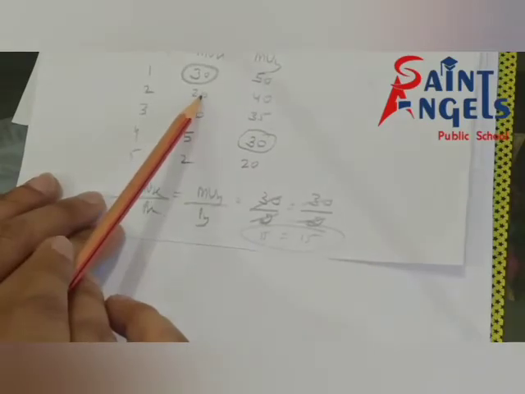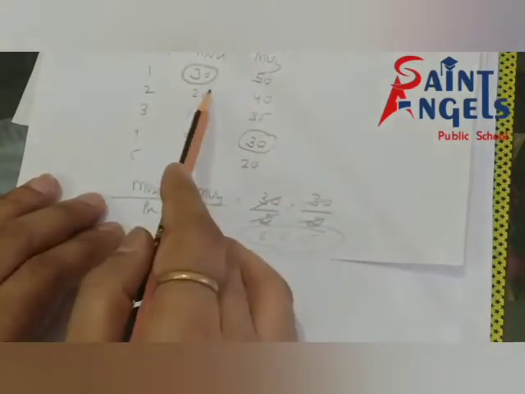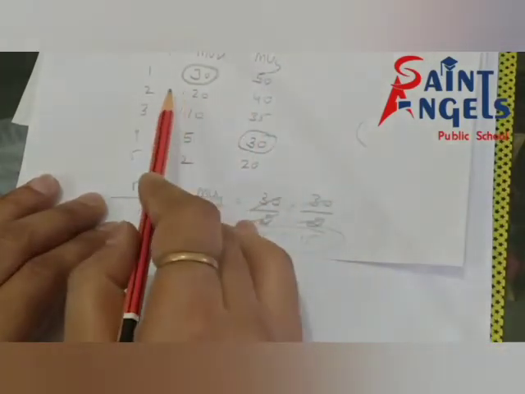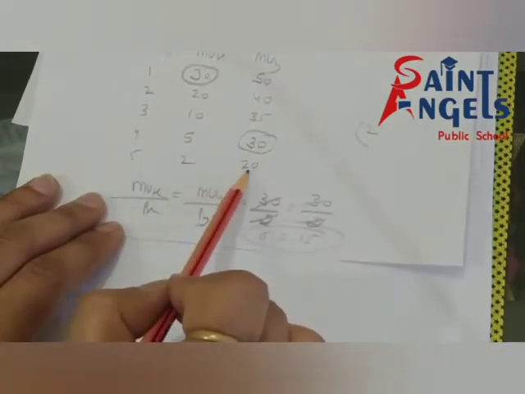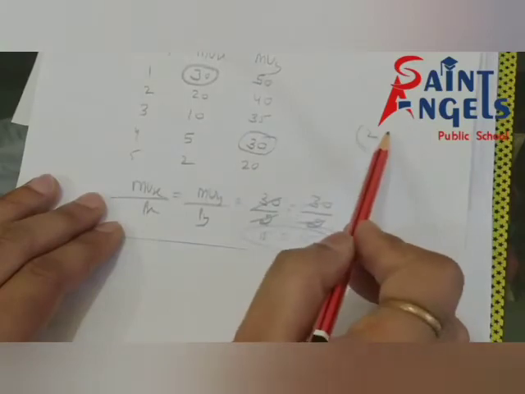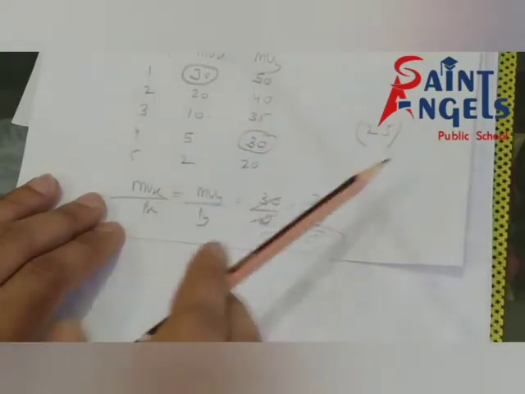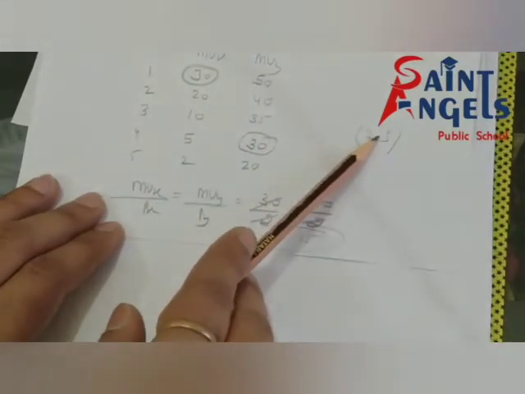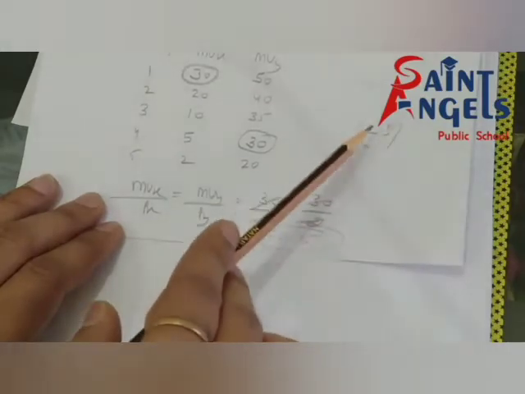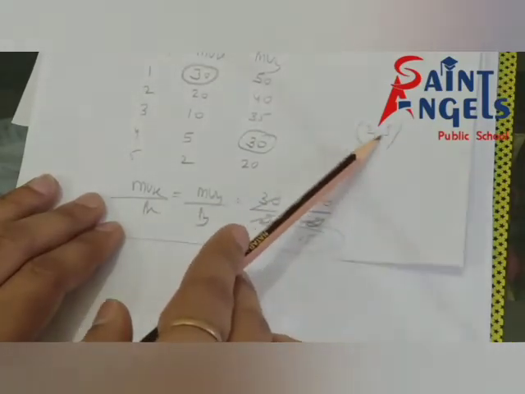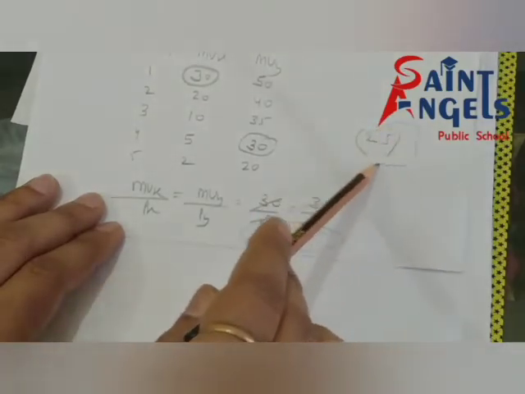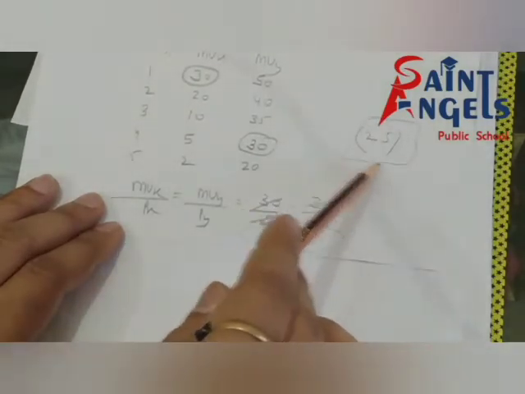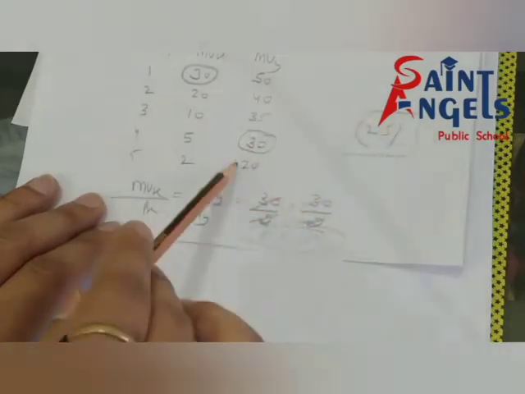But see, according to this, I am consuming 2 units of good X, and according to this, I am consuming 5 units of good Y. It means this combination is showing that I am spending beyond my capacity, which is not possible. I hope all of you have understood.